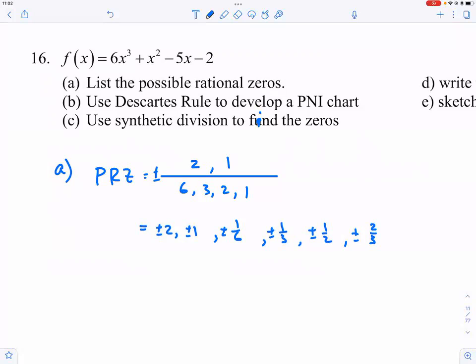Now, how do we know which one of these could be a zero? As I said in class, I would say use your eyeball. Just think of something easy first. Don't think about the fractions. Fractions are too crazy to consider.